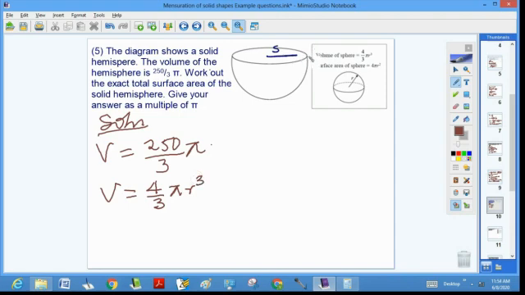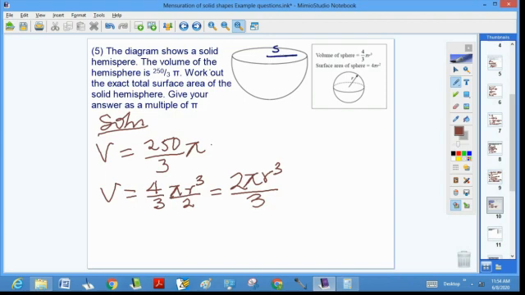But we are talking of a hemisphere, so we are going to divide by 2. That will give us 2 over 3 pi r cube, which is 2 pi r raised to power 3 over 3. So that's the volume of a hemisphere.